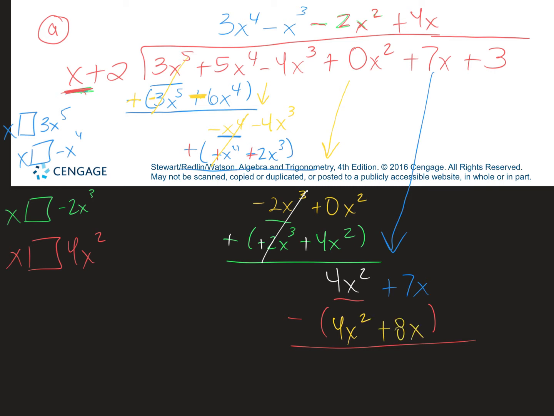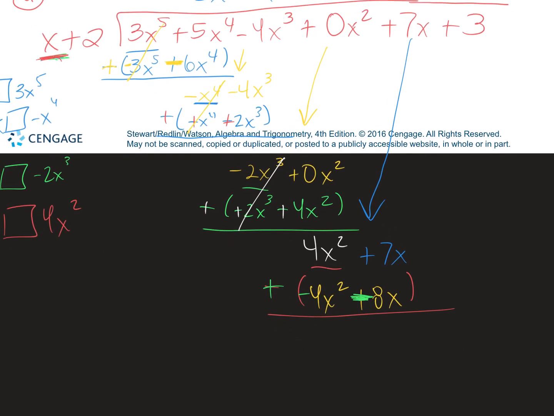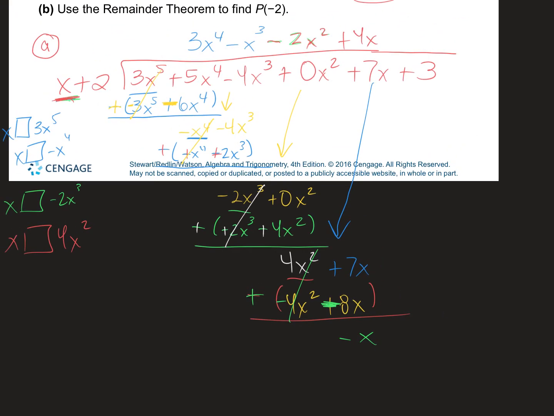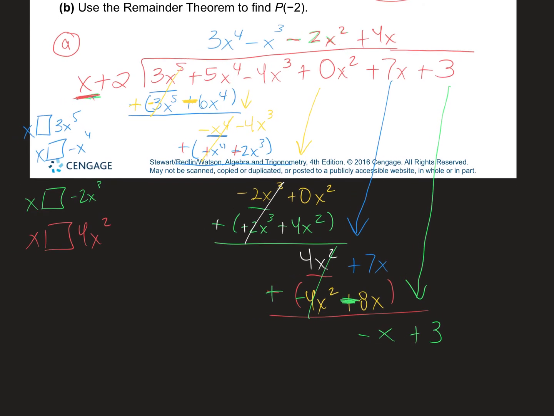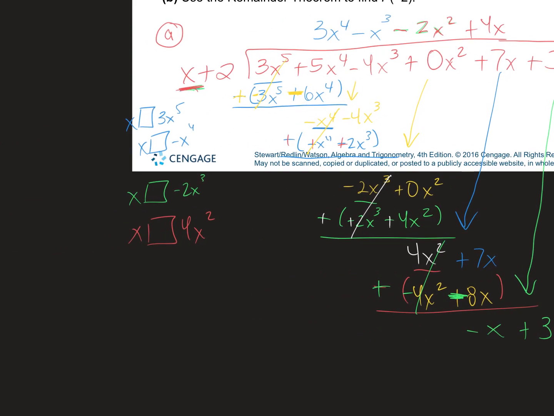What do we do before we subtract? Distribute, distribute, distribute. So 7x minus 8x is negative x. What happens to your 4x squareds? They cancel. And then what do I do here with plus 3? Bring it down. So the last thing I have, first term into first term. X times what gives me negative x?